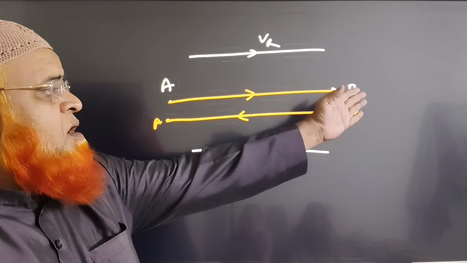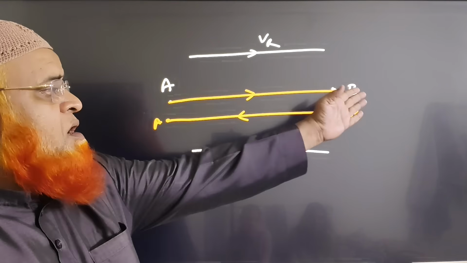See, this is point A, this is point B. Now, the boat has to go exactly to the opposite bank of the river. Okay, shortest path. This is a case of shortest path. But the boat is going in this direction with a speed of 8 kilometers per hour, and the river flow has a speed of 4 kilometers per hour.